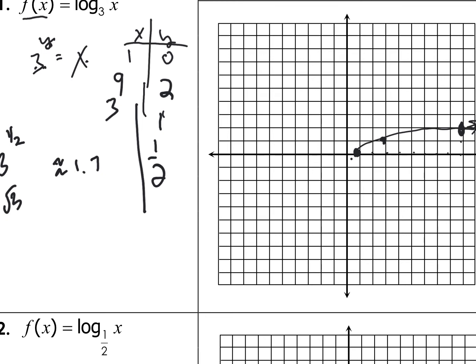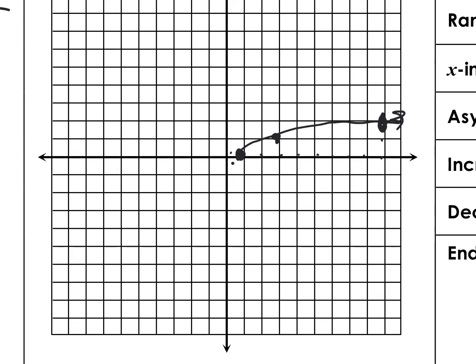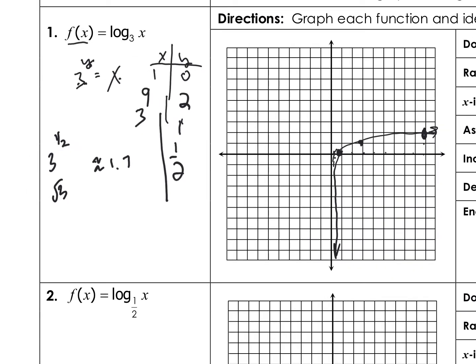The square root of 3. X is 1.7. So it makes it a little more complicated. I'm just going to go down and finish graphing the function. Oh, I did the right one, the square root of 3.